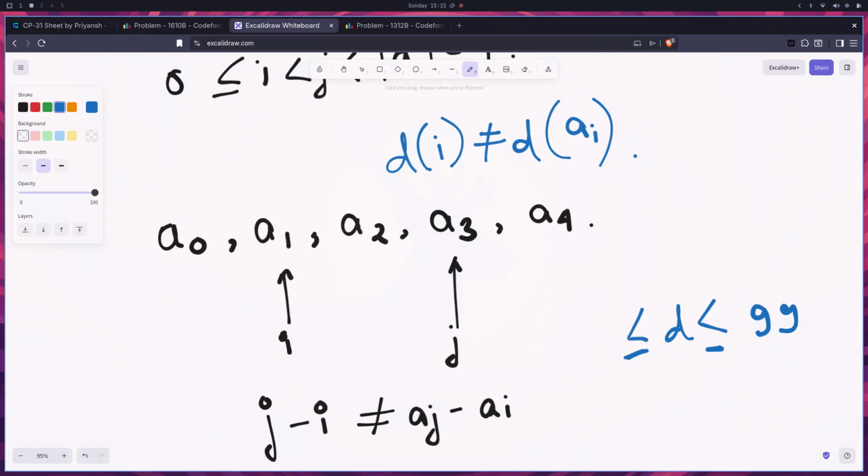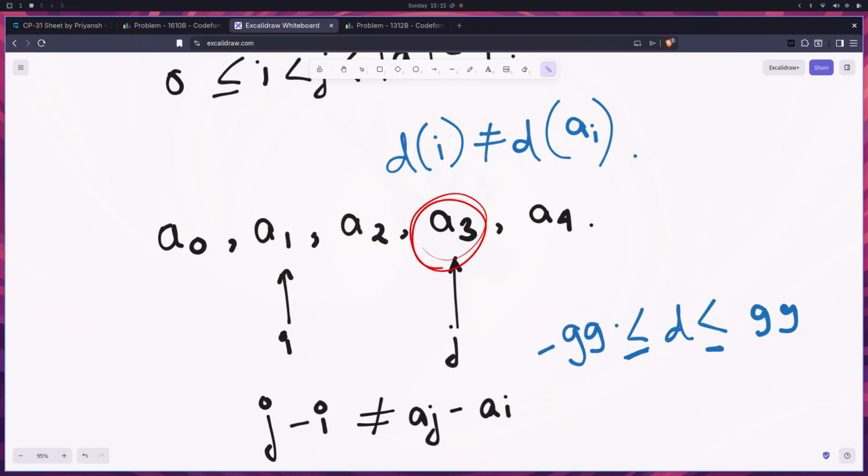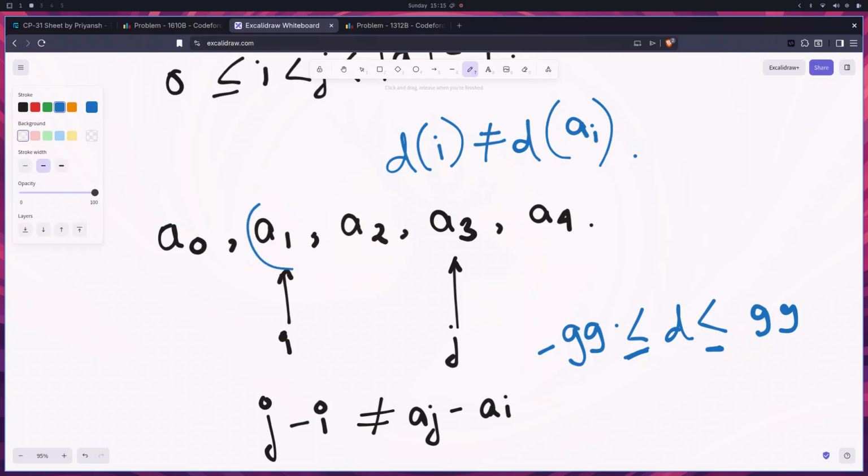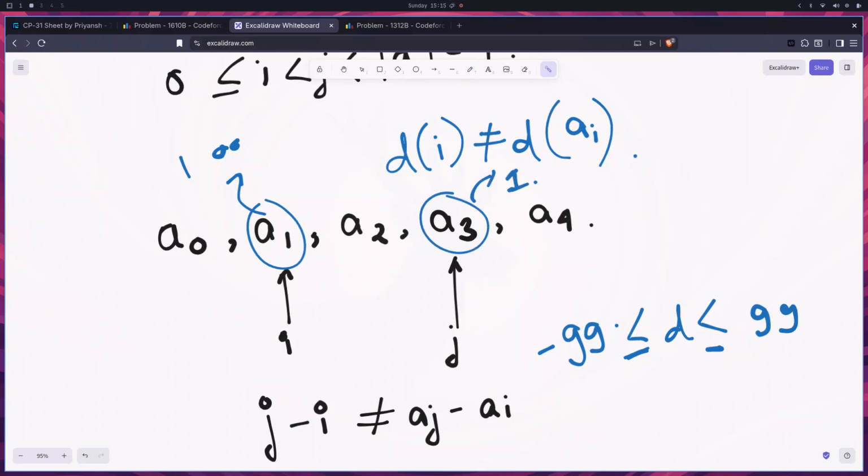And the minimum difference we can achieve will be the reverse of that, that is minus 99. Why? Because we can say that let a of j be equal to 1 and a of I be equal to 100. So we say that let this be equal to 100 and this be equal to 1. In this case, a of j minus a of I will become minus 99, that is, the difference becomes minimum.